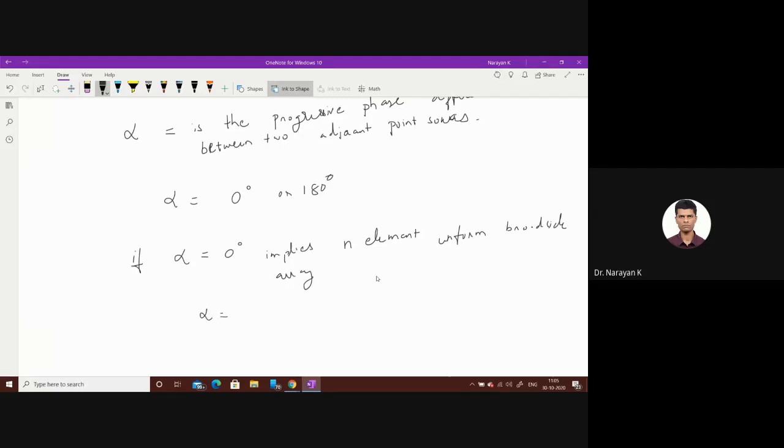If alpha is equal to 180 degree, what does it indicate? An n element uniform... which array should come? Fill in the blanks. End side array. End fire array. Clear, all of you?